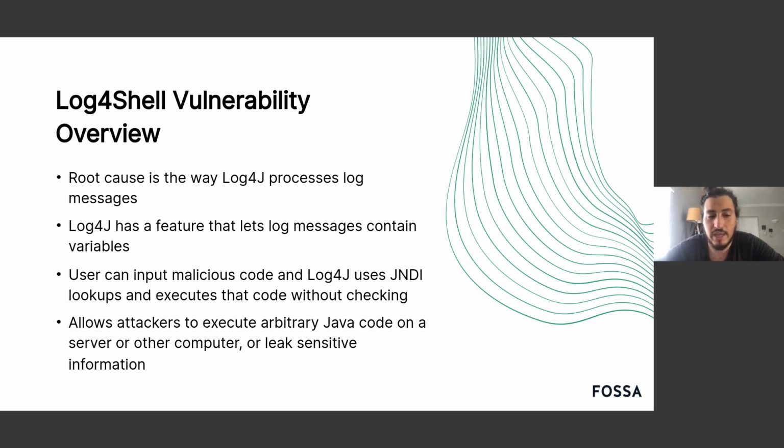If a user is able to input a malicious log message, Log4j then can go to a JNDI interface and execute the code that the malicious user wants to attack you with. So we'll get into what JNDI is in a slide or two ahead, but it's worth noting that this attack is executed through log messages. Again, it's arbitrary Java code on your servers.